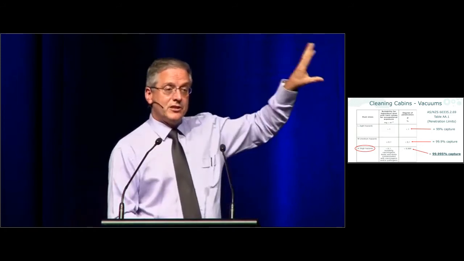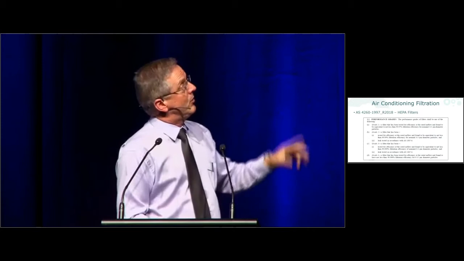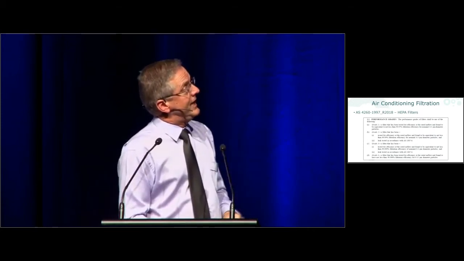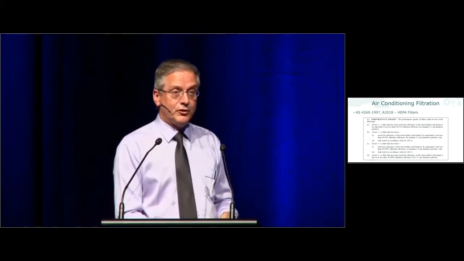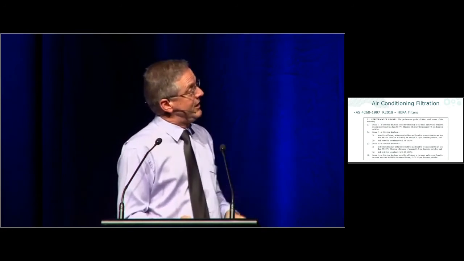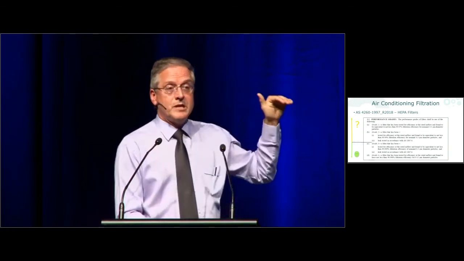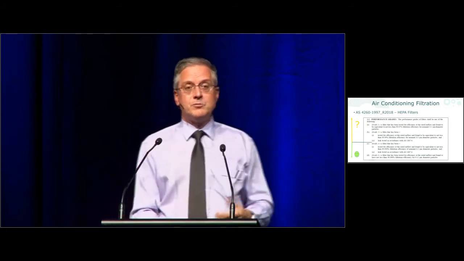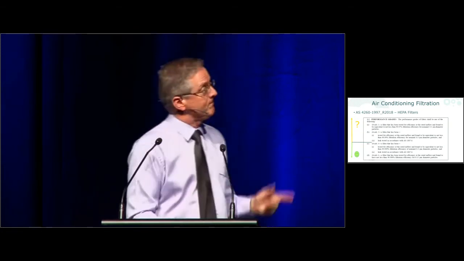If you were to take this standard and apply it to the air conditioning filtration, HEPA filters for filtration, this is the Australian standard, that's about where you want to be, grade 3 or better. Anything less than that is questionable in terms of its ability to effectively capture respirable dust.